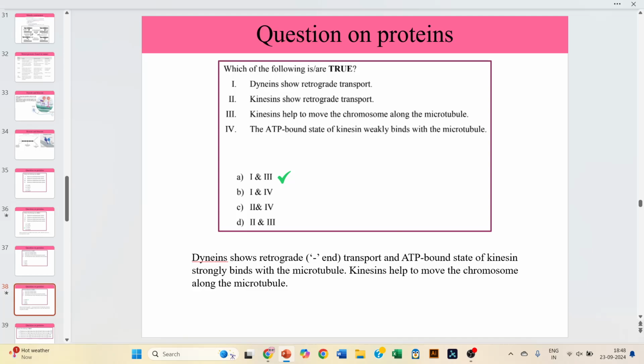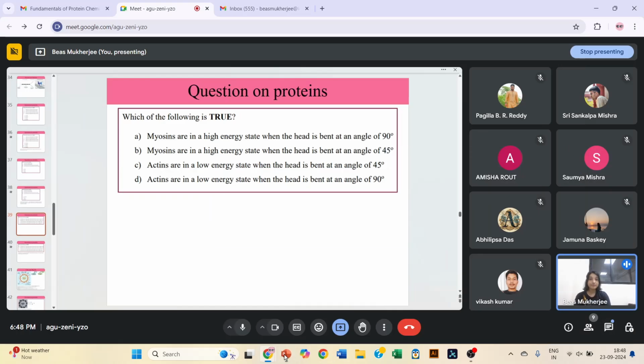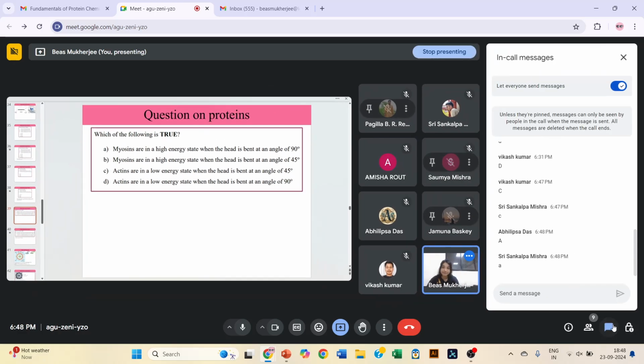Now kinesin helps to move the chromosomes along the microtubule. That is true. Okay. Now this is something very interesting. Just now we studied about muscle contraction, right? So based on the diagram, try to understand this particular question and tell me which one you think would be right.